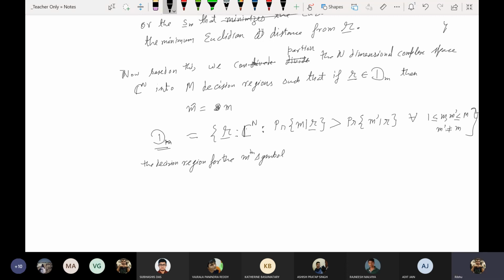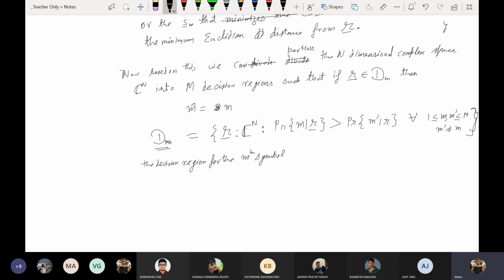I'll just make this bracket again. Is M' the misdetection? No, we are not yet there. We are not yet in the case of misdetection or anything like that.